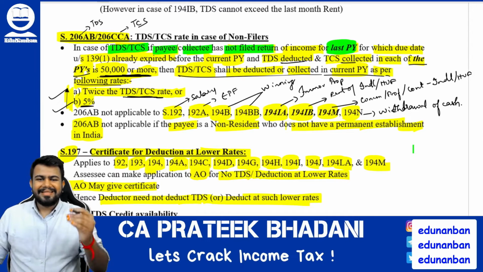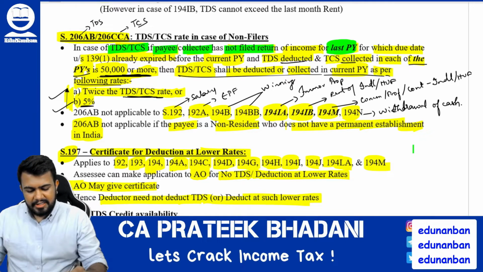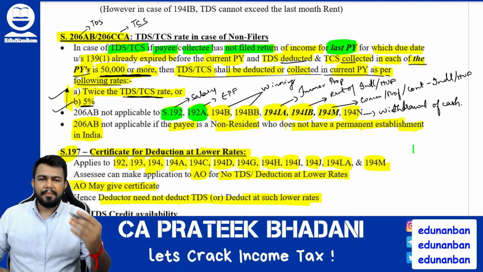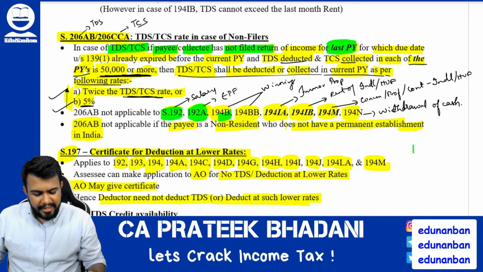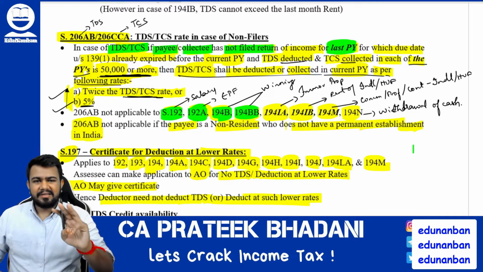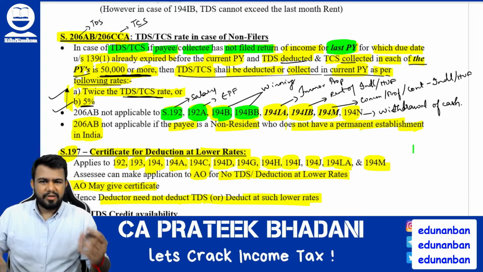Okay. However, this section is not applicable for section 192, which relates to salary, 192A, which relates to employee provident fund withdrawal, 194B and BB, which relate to winnings, because already for winnings TDS is 30%. Why do it at twice the rate?